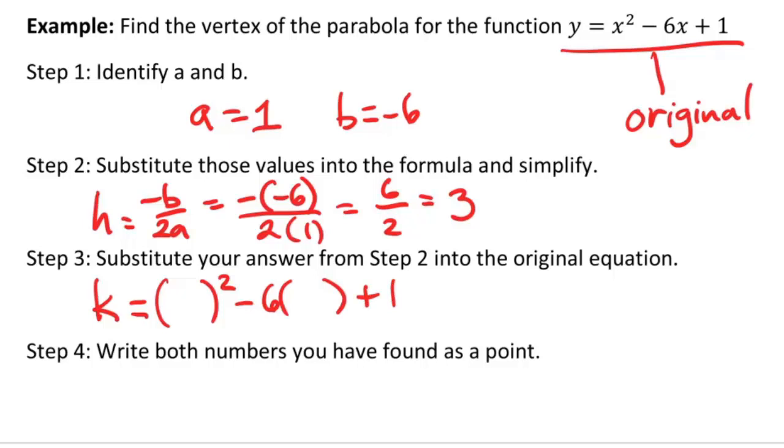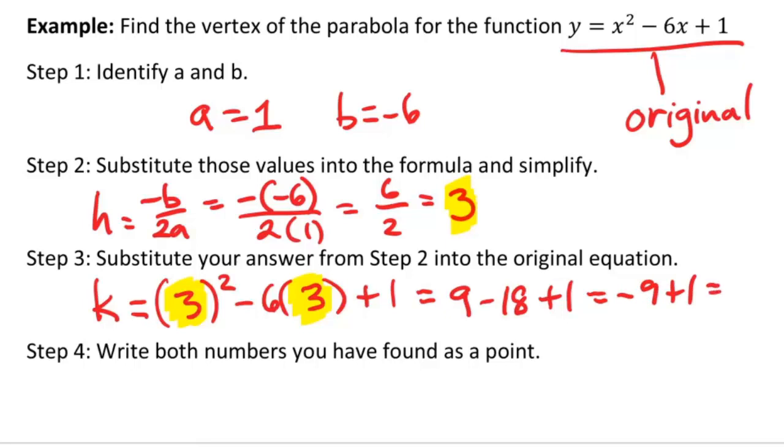And that x value that we're going to substitute is the number we just found here. It's going to go here and here. So 3 and 3. 3 squared is 9. 6 times 3 is negative 18 plus 1. 9 minus 18 is negative 9 plus 1, or negative 8.